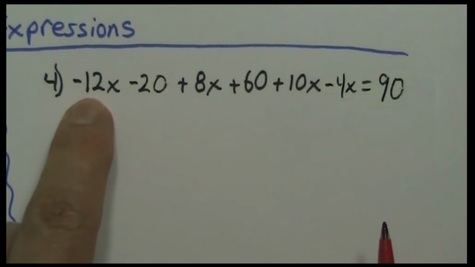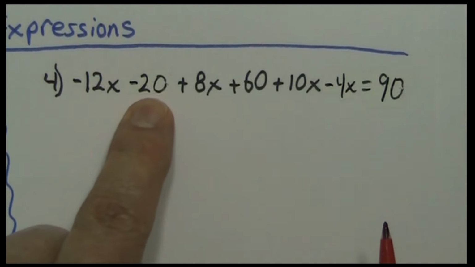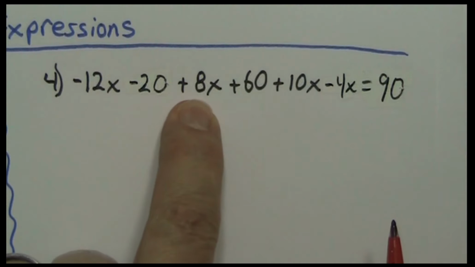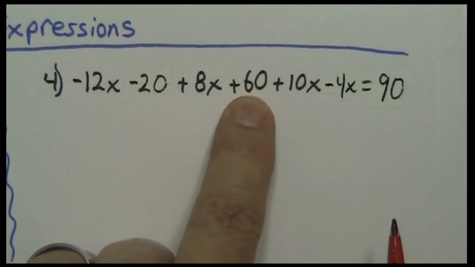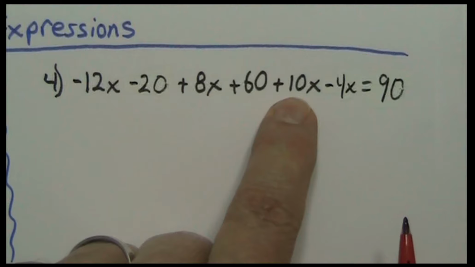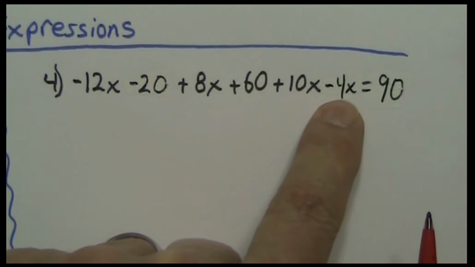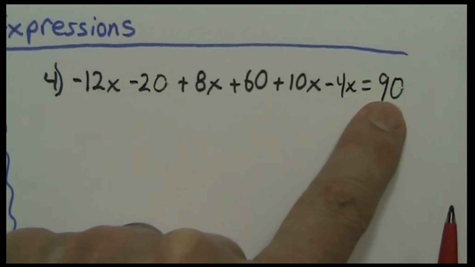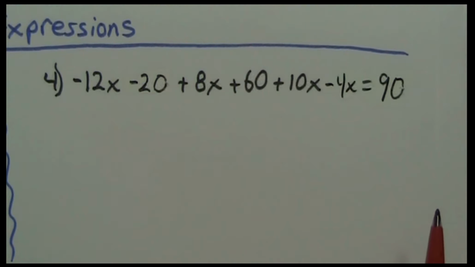Minus negative 12x minus 20 plus 8x plus 60 plus 10x minus 4x equals 90. Long problem.